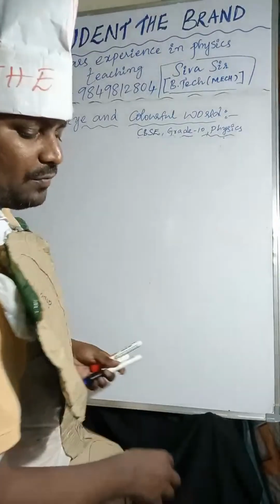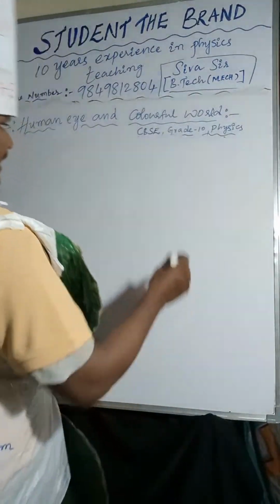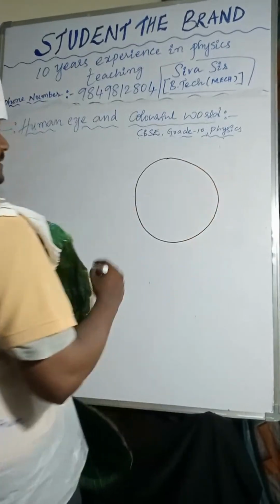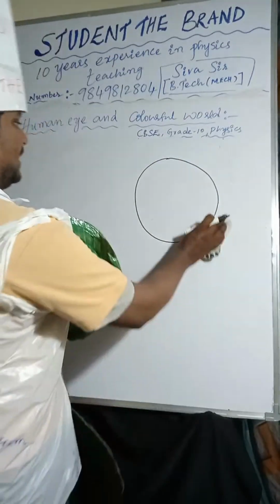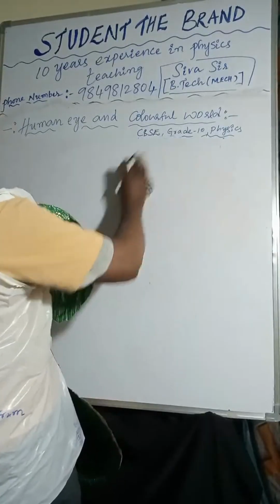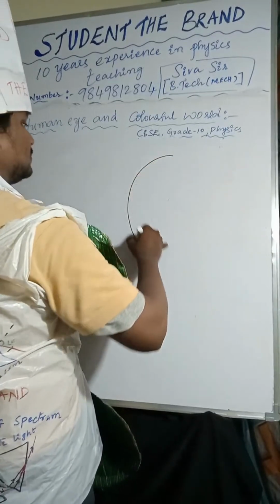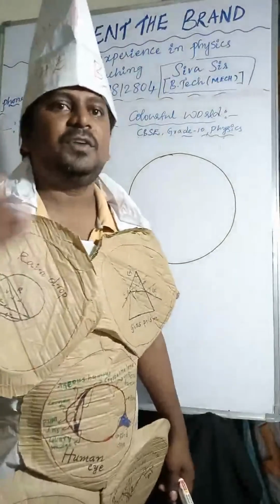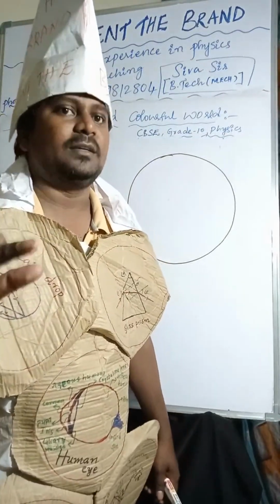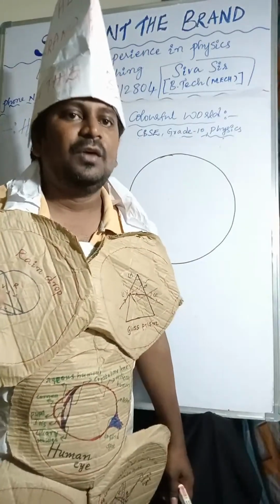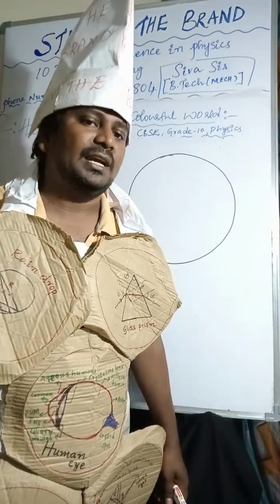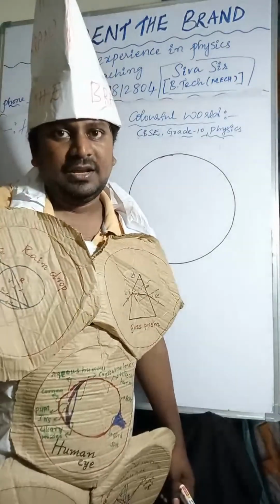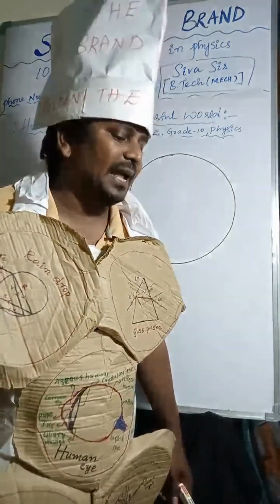Next one, rainbow formation by water droplet. Each and every water droplet acts as a prism.